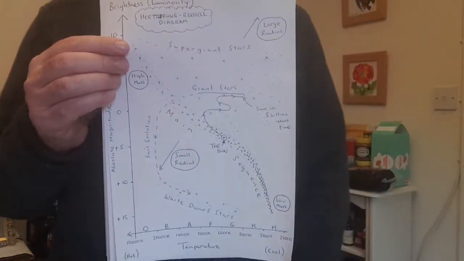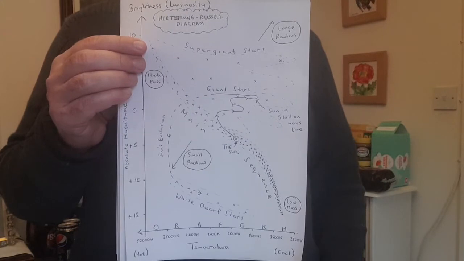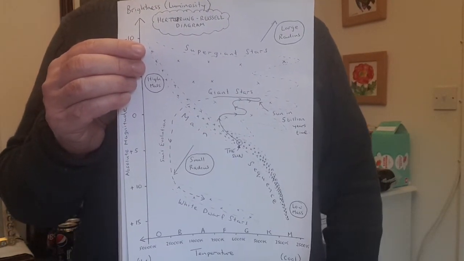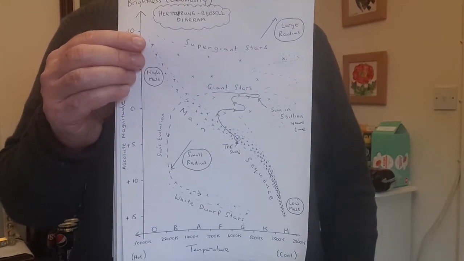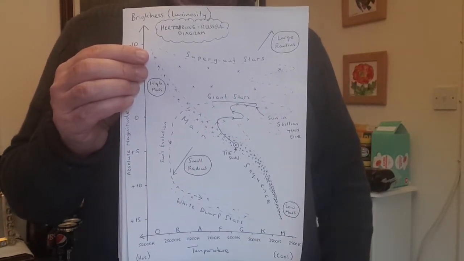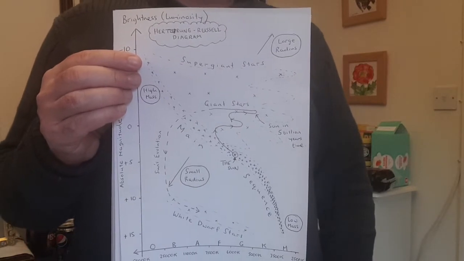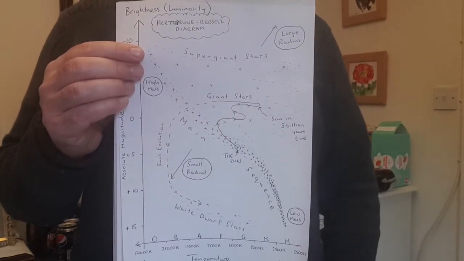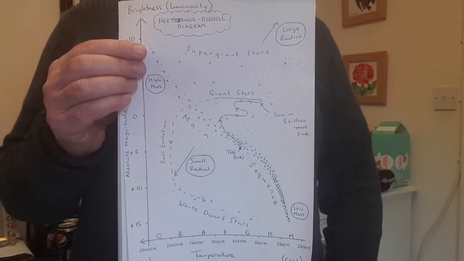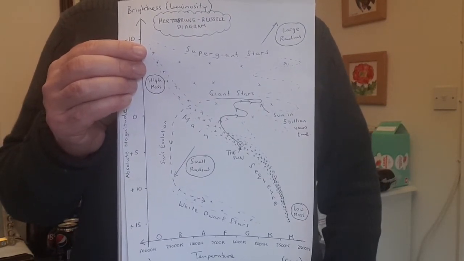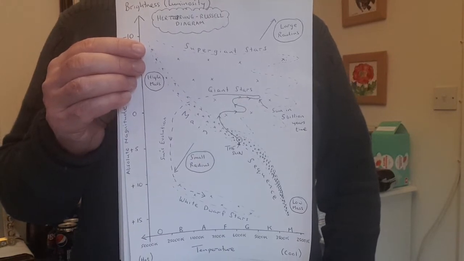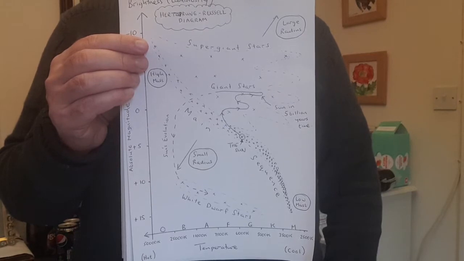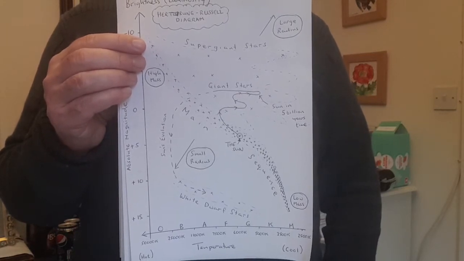So what exactly do we think has happened to these stars? Well, these are stars that have already been through the main sequence. So unlike the sun, they have been through the main sequence and they have finished their phase of burning hydrogen into helium. Now, at some point, the amount of hydrogen in the core of the star will drop to the point at which you can't sustain a reaction of fusing hydrogen into helium.